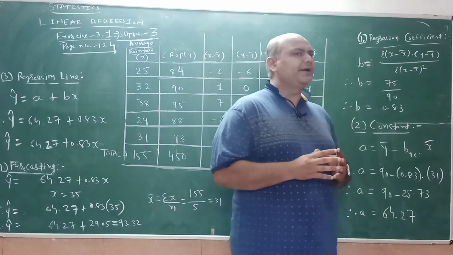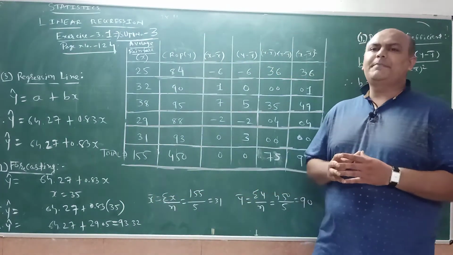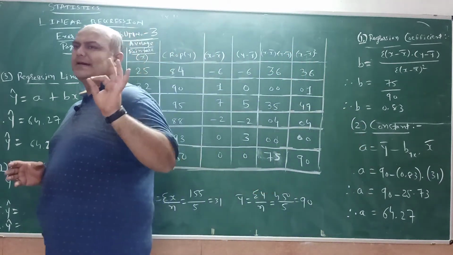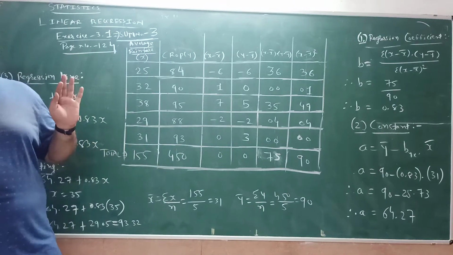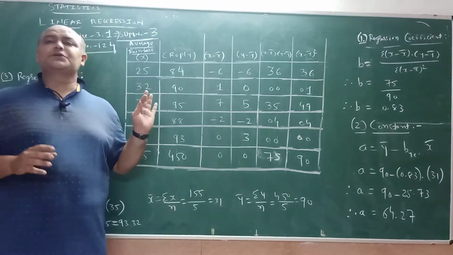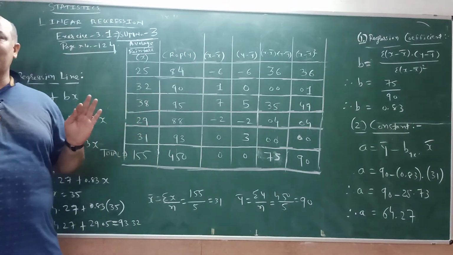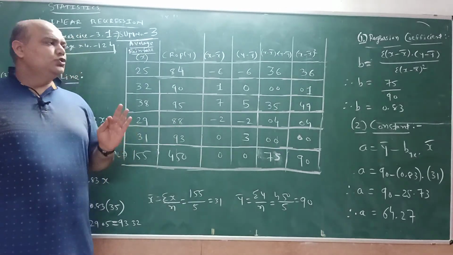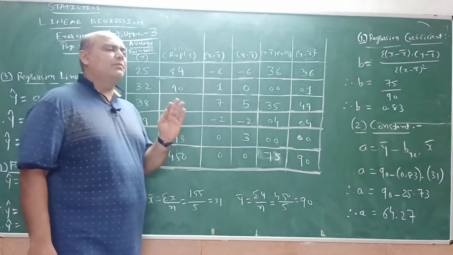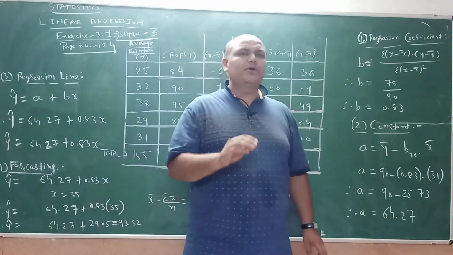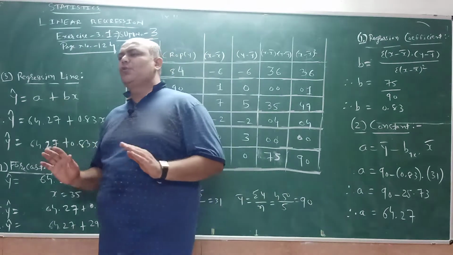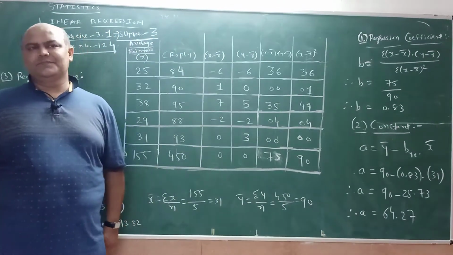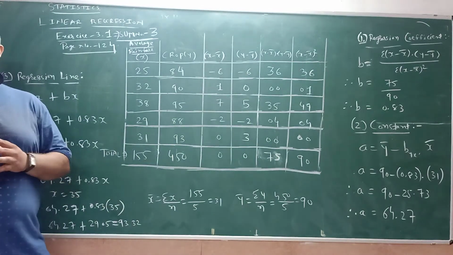But in linear regression, students, we have to prepare only 4 additional columns: x minus x bar, y minus y bar, multiplication of both, that is x minus x bar into y minus y bar, and x minus x bar square. No need to prepare the column of y minus y bar square, because there is no application of y minus y bar square in the formula. So no need to prepare that particular column.